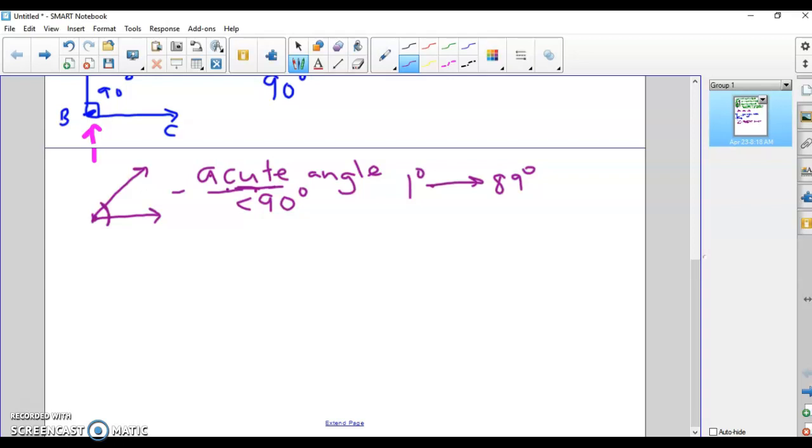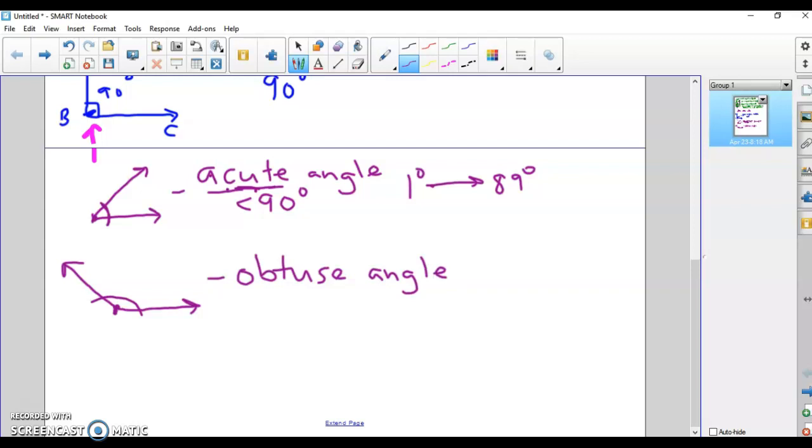So moving on from acute, we are going to have another type of angle. And you can tell with this one, it's opening up. The angle is a lot larger and looks like it's leaning back instead of leaning forward. This one is called an obtuse angle.